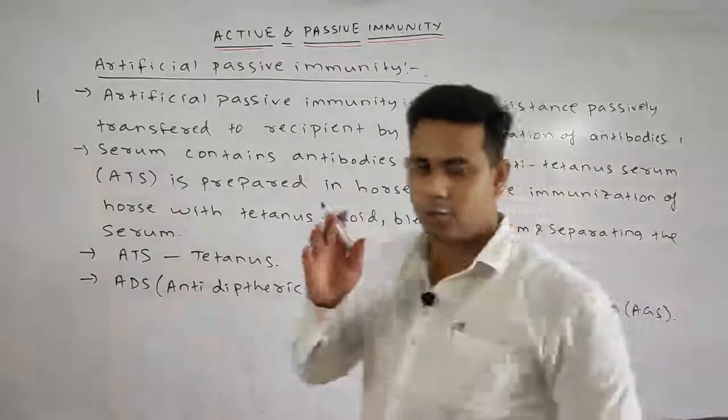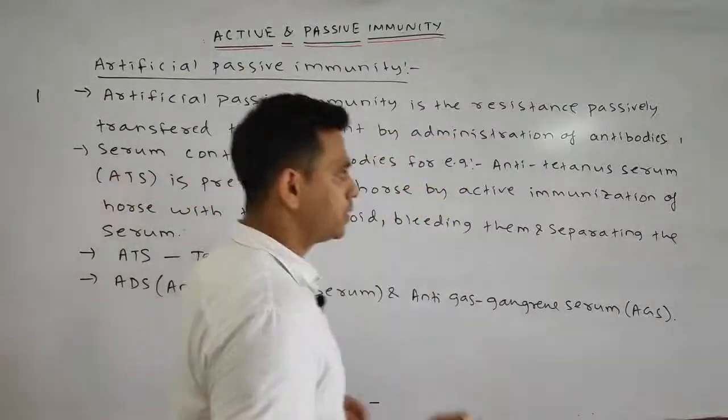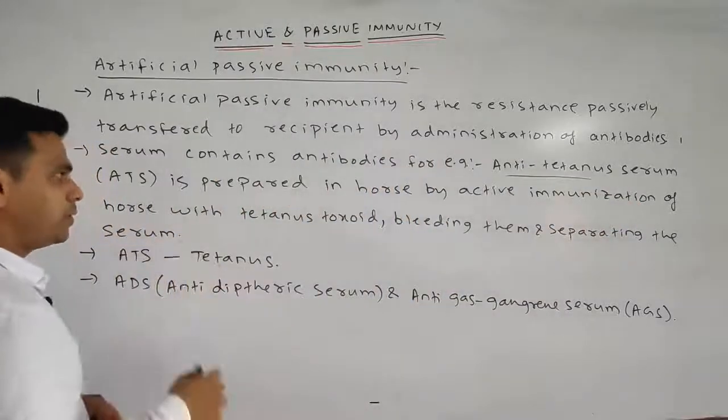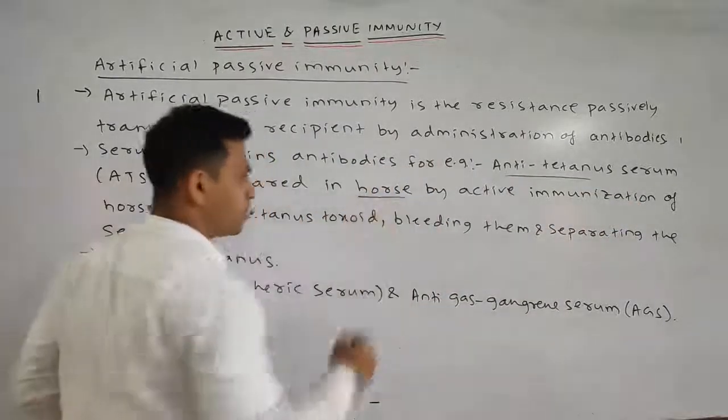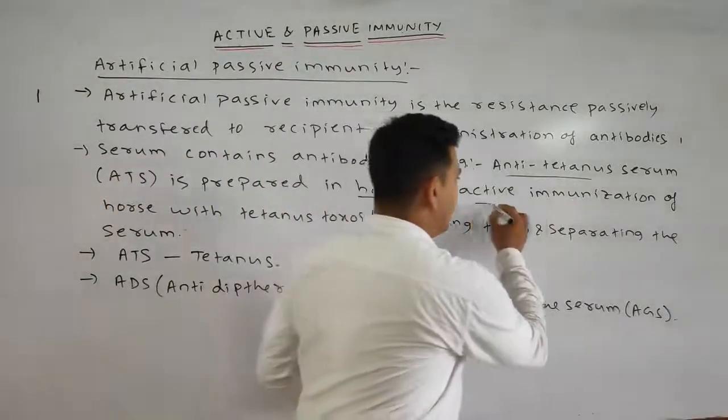Against the tetanus toxoid, this antibody is the anti-tetanus serum, which is prepared in the horse. How is it prepared? By active immunization.